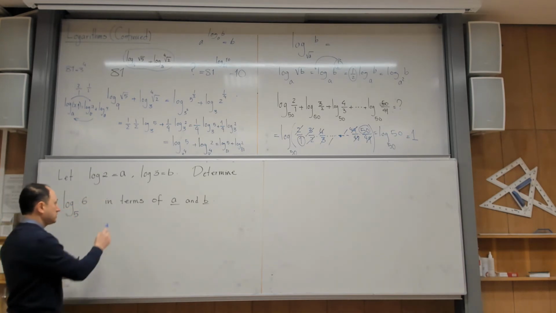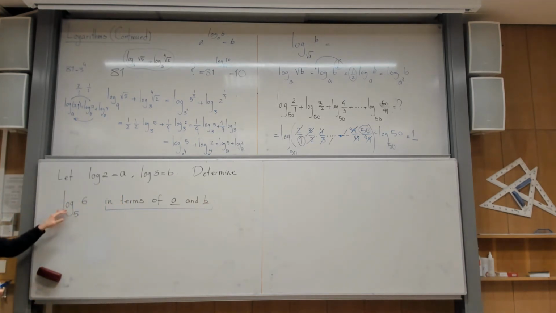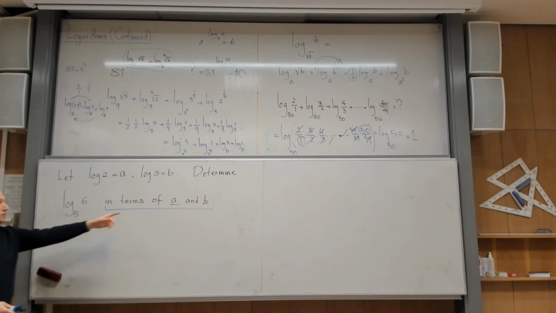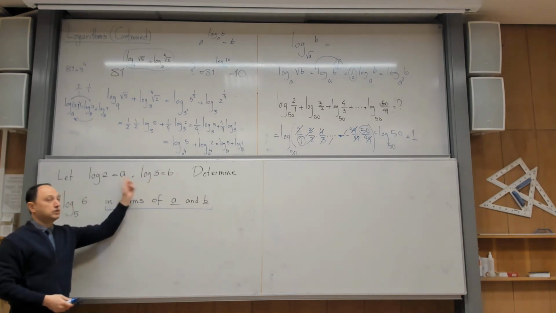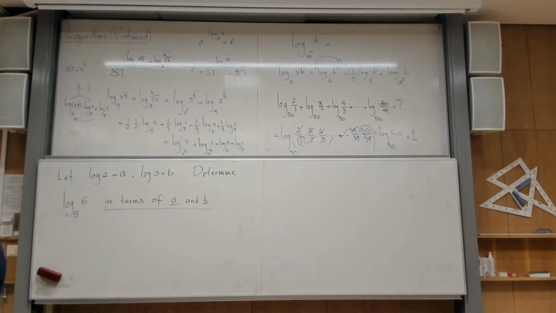I want you to understand this phrase, in terms of A and B. It means write this equal to something related to A and B, where A and B are these numbers. Whenever you have your answer, you can just tell it to me.